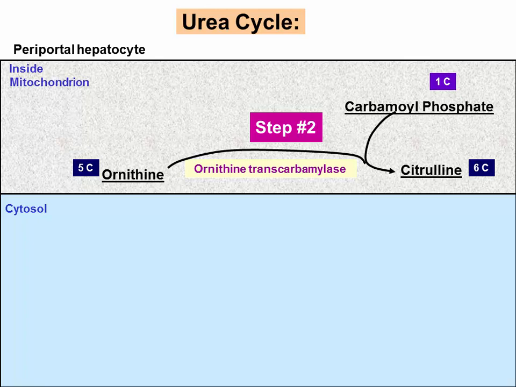Step number 2. Now we've got ornithine, which is 5 carbons, and carbamyl phosphate joining to make citrulline through this ornithine transcarbamylase. You can write OTC because I have abbreviated it where I've needed to because of space. These are really long names, but I want you to not just learn it as OTC, learn it as ornithine transcarbamylase because it'll help you know what the substrates are and how it's regulated is based on substrate and feedback and all that.